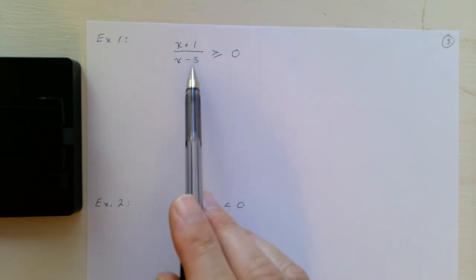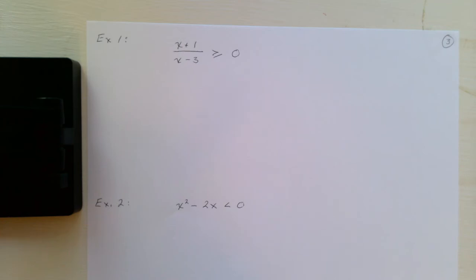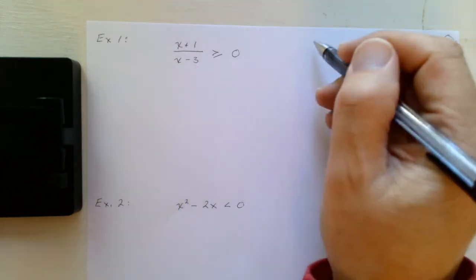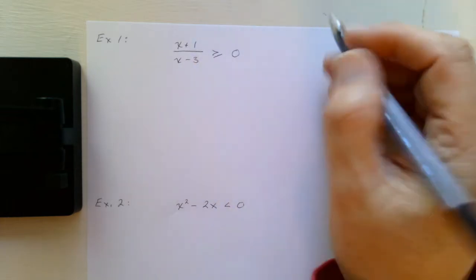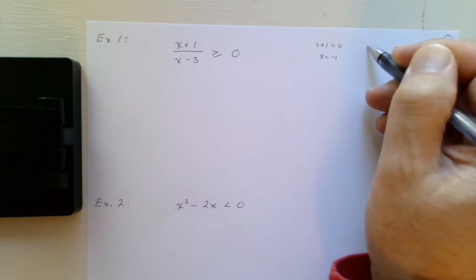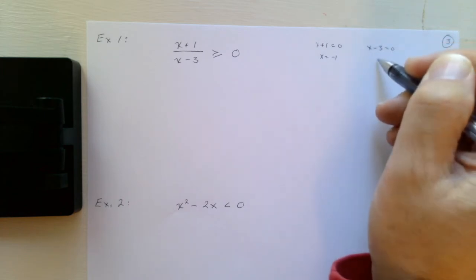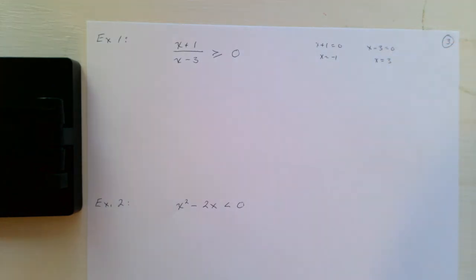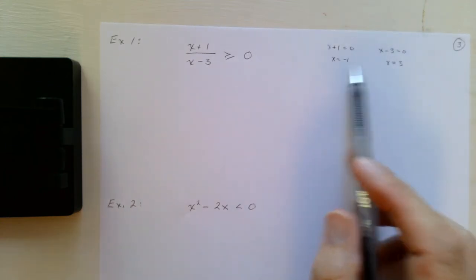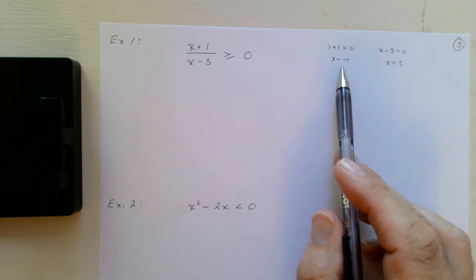The numerator and denominator are clearly factored. Then, where is each factor equal to 0? We set x plus 1 equal to 0, and you get x equals negative 1. Set x minus 3 equals 0, you get x equals 3.